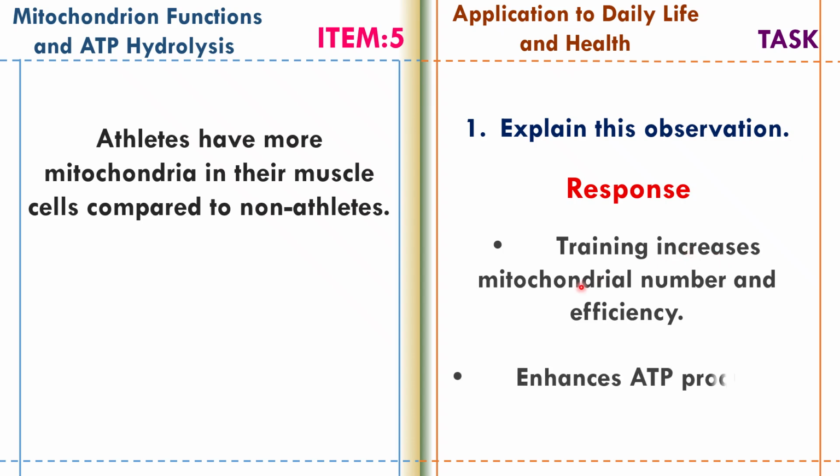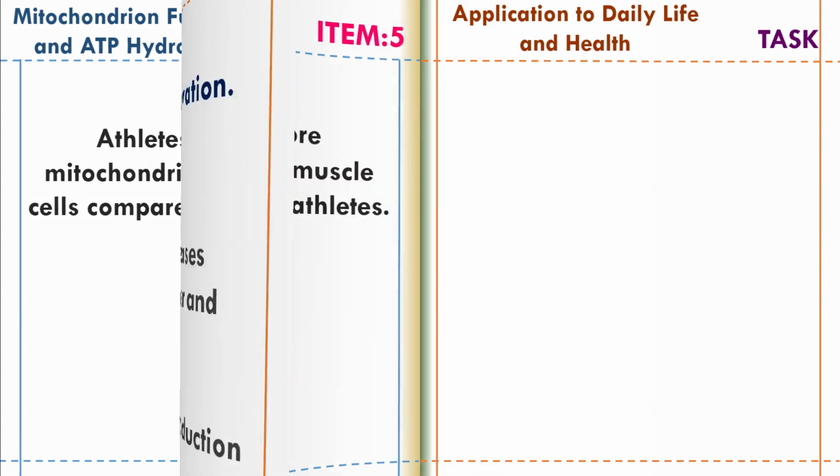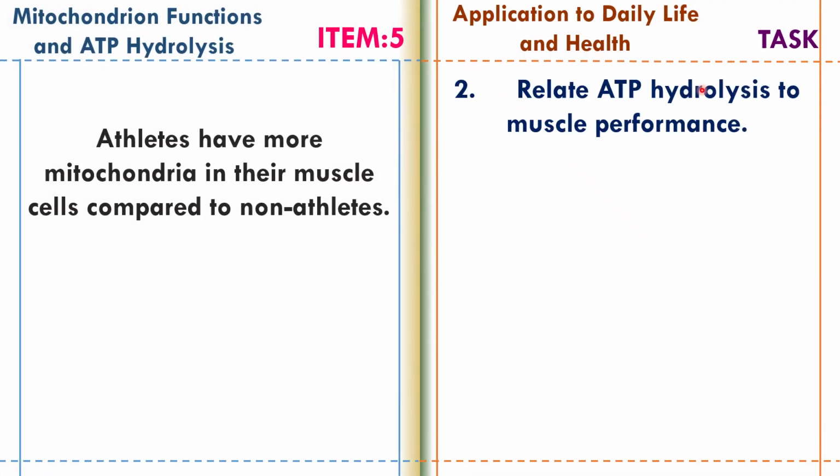Training increases mitochondrial number and efficiency. This enhances ATP production capacity. Relate ATP hydrolysis to muscle performance.